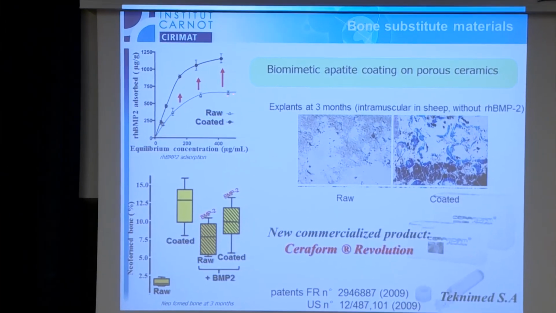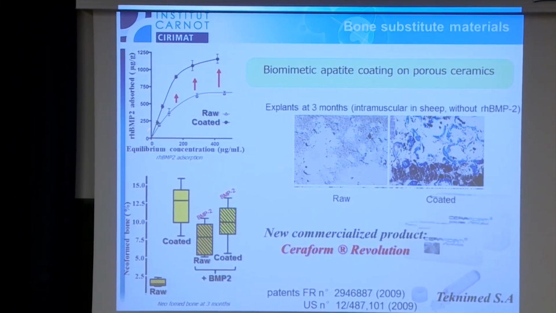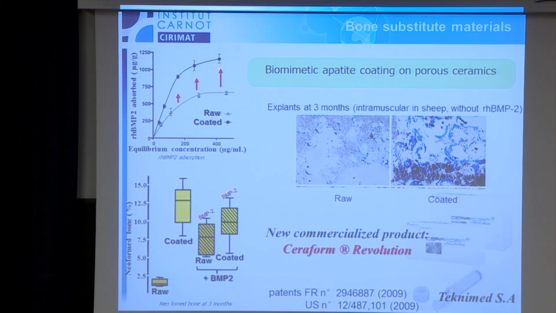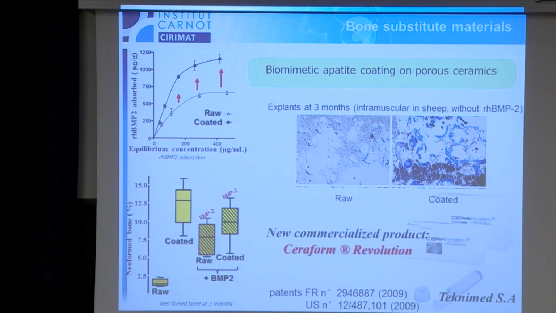For the raw granules without the coating, there is a lower amount of adsorbed BMP compared to the granules coated with nanocrystalline apatite. So you can see that the coating really enhances the ability of the ceramics to adsorb this growth factor.